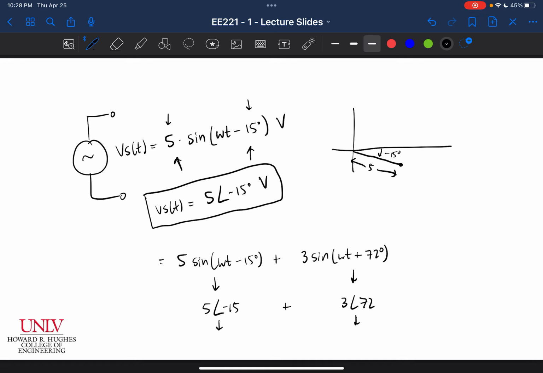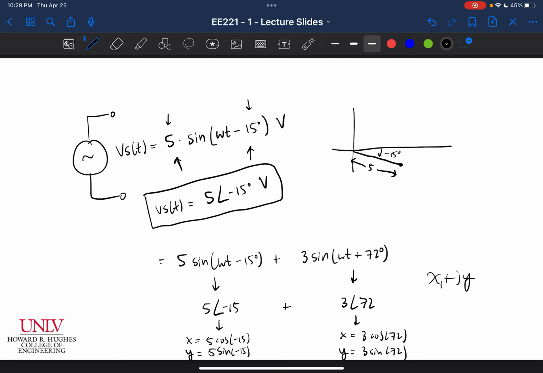I can even go right into the complex domain where I have the rectangular values, where x is equal to 5 cosine of minus 15, y is equal to 5 sine of minus 15, and the same here, x is equal to 3 cosine of 72, and y is equal to 3 sine of 72. Once I do this, I'm going to have x plus jy for the first value.